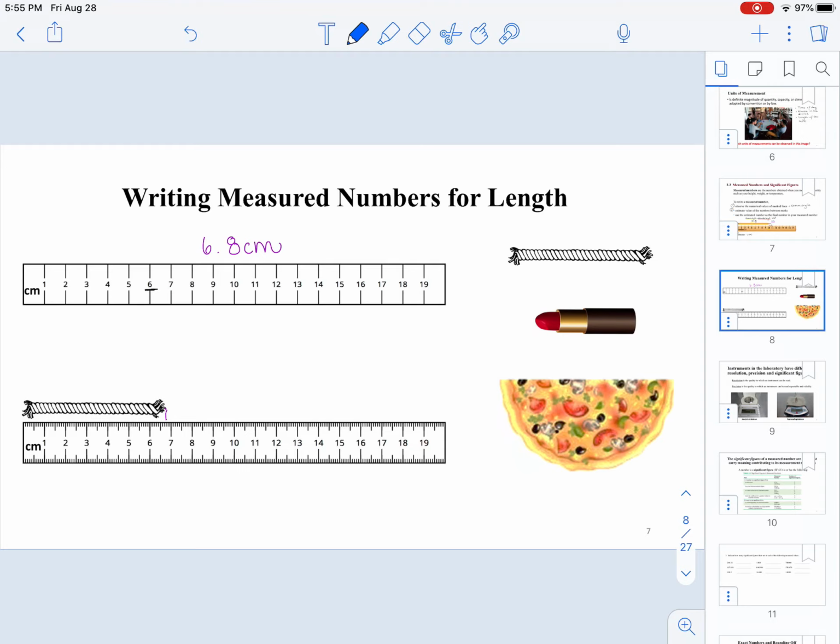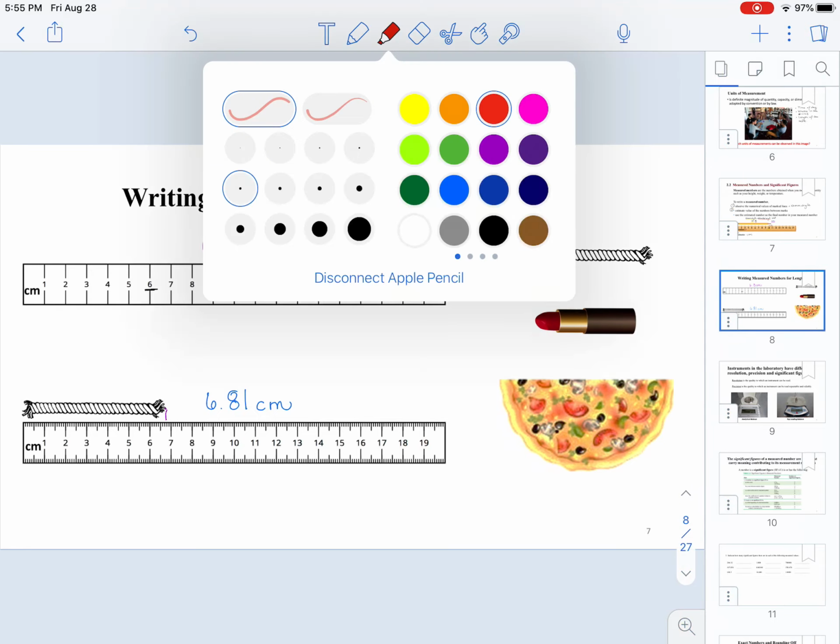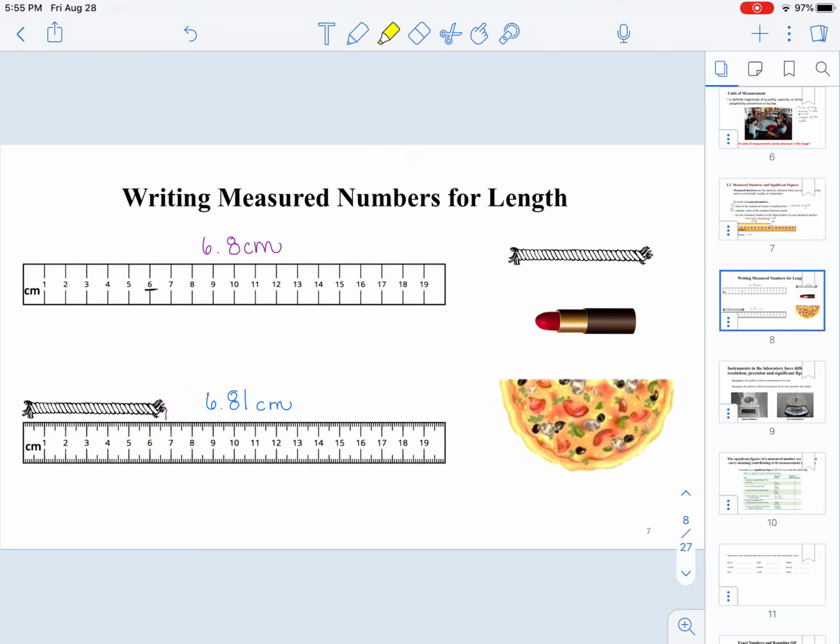But in the bottom ruler, we're going to say that this is 6.81 or even 6.80 centimeters, because in this instance, your known digits, and I'm just going to highlight them in yellow, are going to be the digit 6 and then this area, which is at least 6.8, and then my estimated digit is going to be that second decimal place.